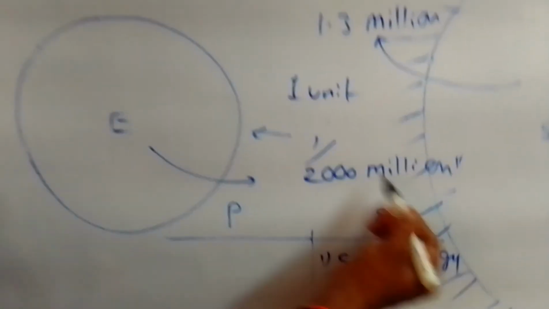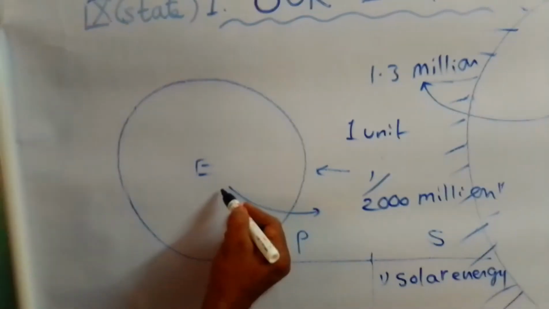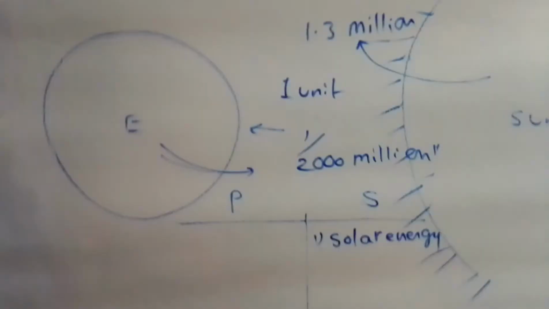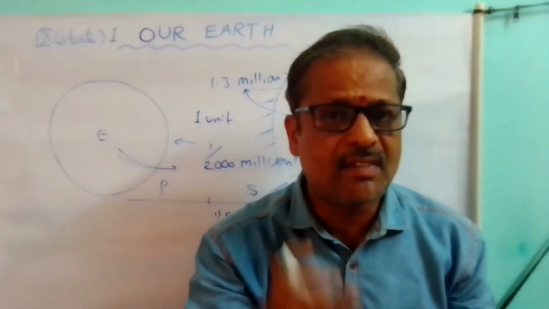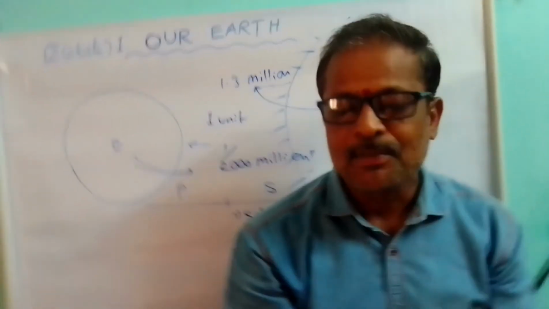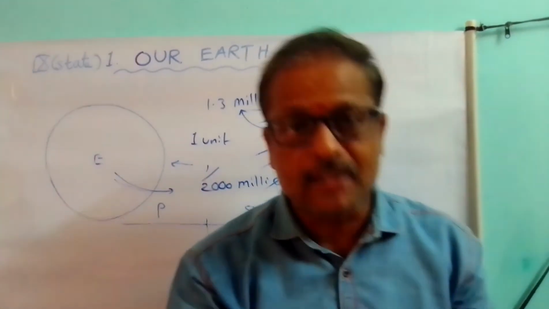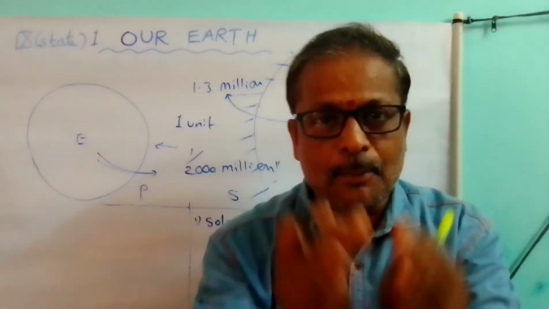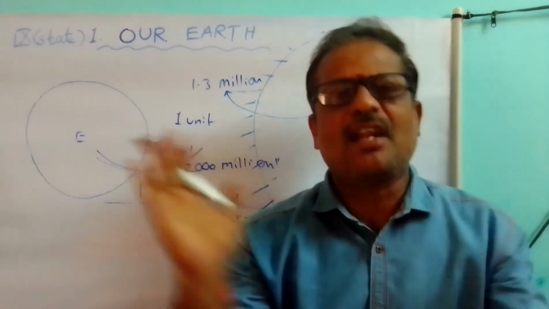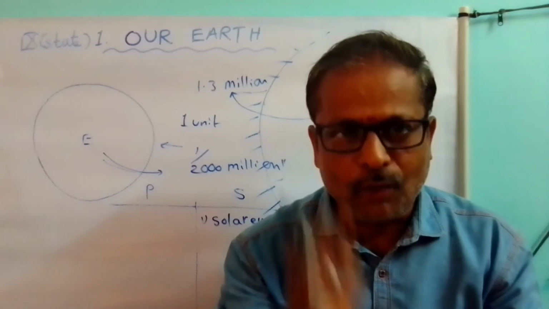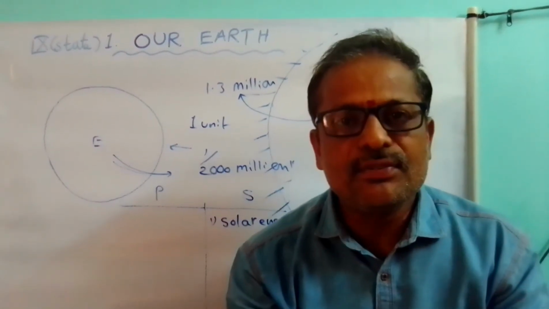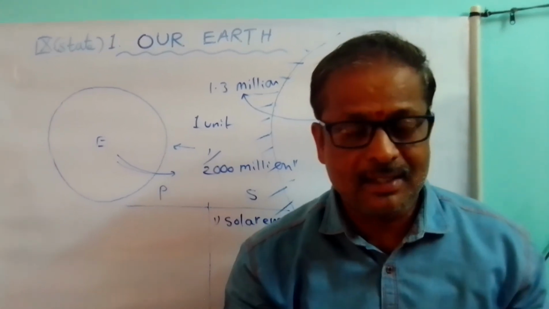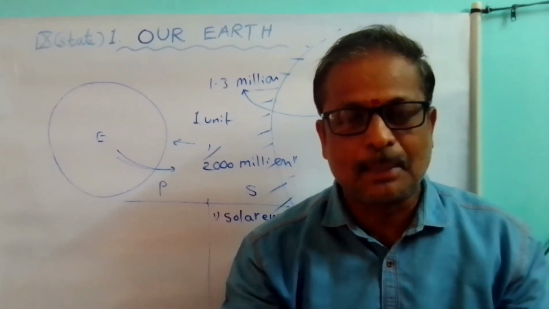Do you know? It is a wonder for us. The Earth receives a very, very tiny amount of energy from the Sun due to its small size, but that little amount of energy is enough to sustain plant life, animal life, human beings, and all the living organisms on the Earth.